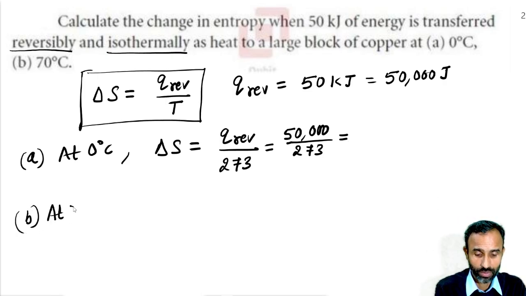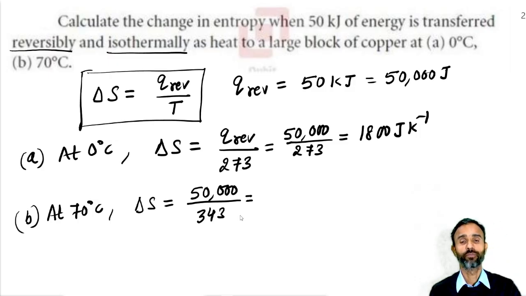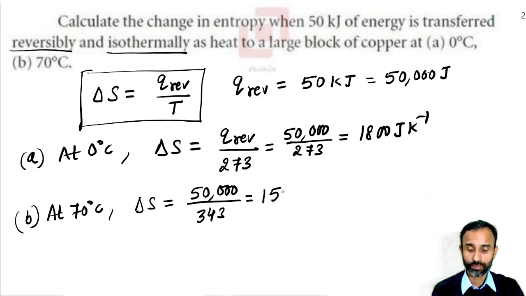This comes out to be 1800 joule per Kelvin. Okay, and at 70 degrees Celsius it is 50,000 by 343, so it is 1500 joule per Kelvin.